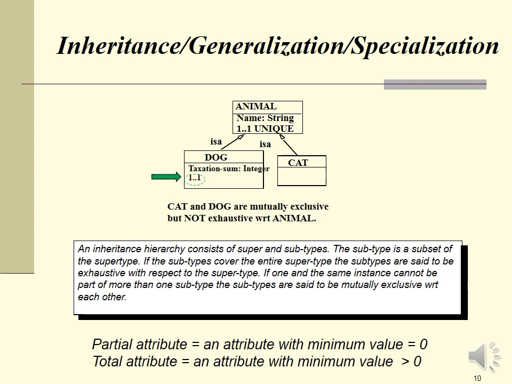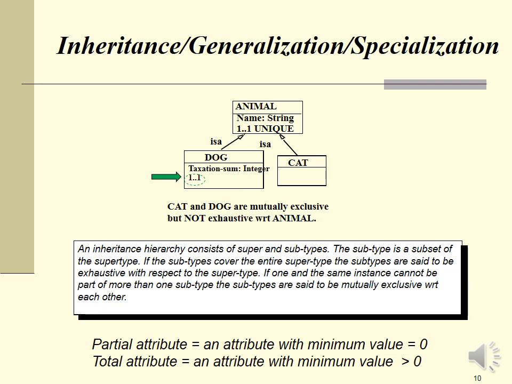And then whatever attribute or attributes, if we have several, that are partial, that is, they have a minimum value of 0, we put into the class where they will not be partial any longer. That is, they will have a minimum value of 1. And in this case, it's rather easy. The dogs had a taxation sum, so we move the attribute taxation sum from animal to dog. So dog now has this attribute instead of animal, and cat doesn't have any attribute at all.